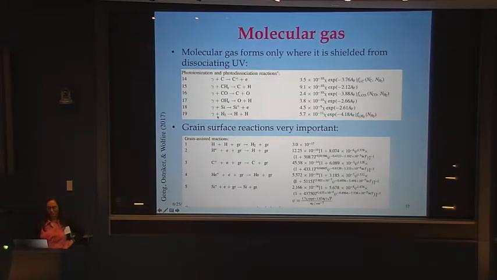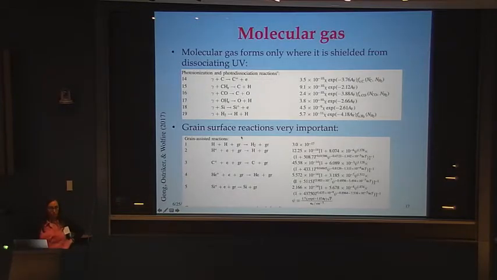This is photodissociation reactions and photoionization. Here, for example, is H2. You can see that all of these rates are reduced at higher AV. That's why you need shielding, and also self-shielding for H2, not just shielding by dust.